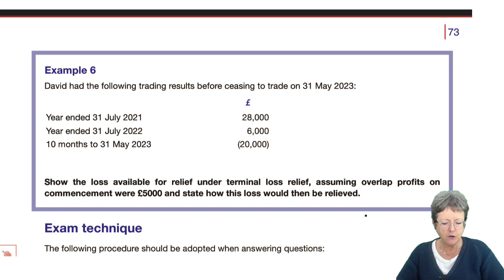In the year ended July 22, he made a profit of 6,000. In the 10 months up to the end of May 23, he made a loss of 20,000. We are to show the loss available for relief under terminal loss relief, assuming overlap profits from commencement were £5,000.